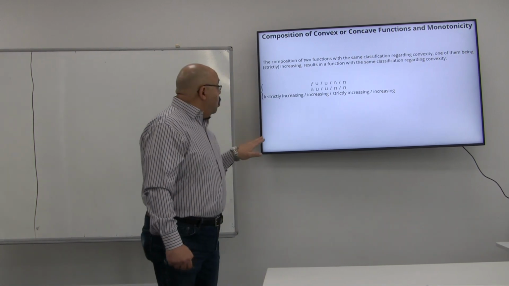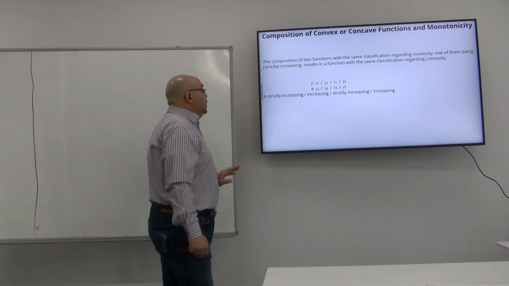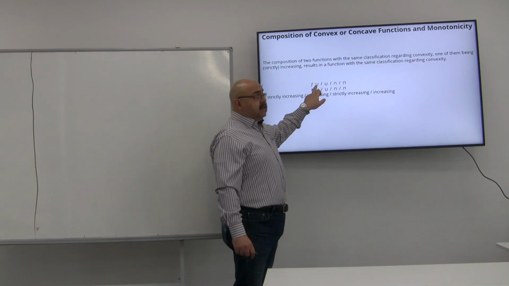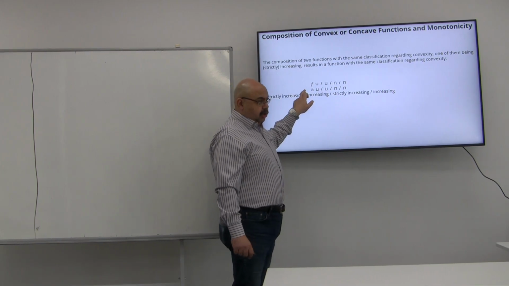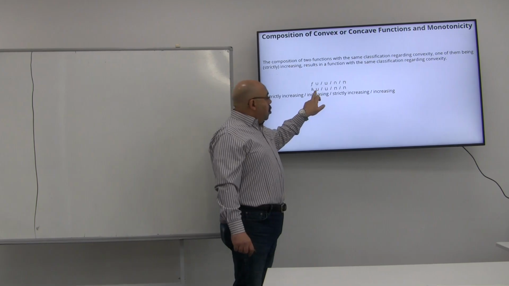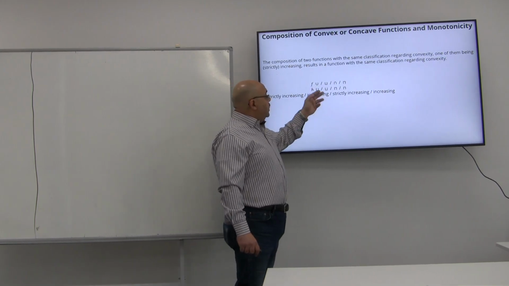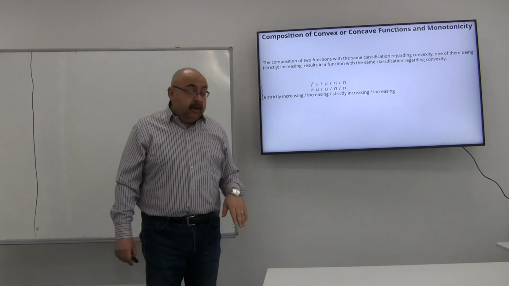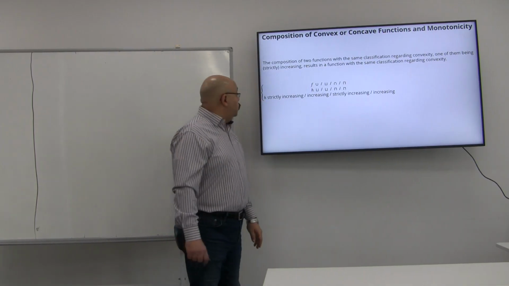Okay, let's go through the details of this application. Let's say that I have an f which is strictly convex or concave, and we have h which is concave or convex. Convex in the first two cases and concave in the other two cases.